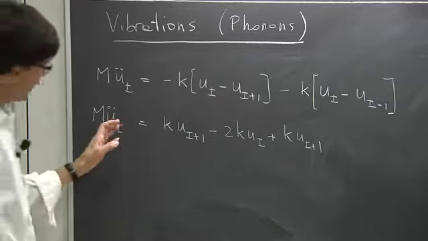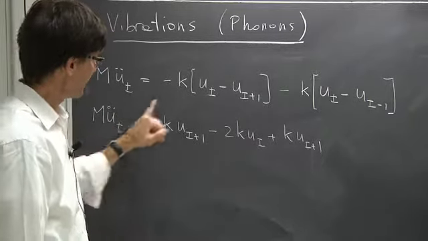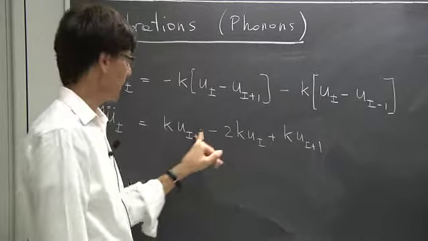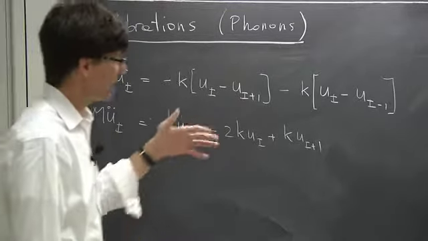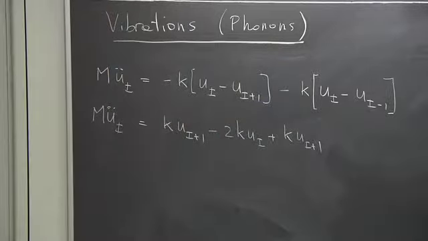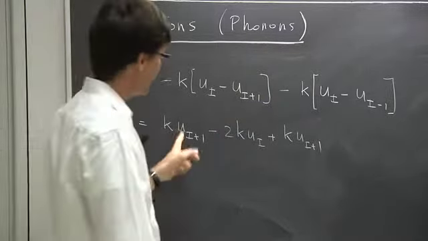So the dynamics of atom I is affected by where atom I is, obviously, but also where the nearest neighbors are. And in our model we are forgetting about second nearest neighbors and onward. But the important thing is that the dynamics of atom I is now correlated to the dynamics of atoms I minus 1 and I plus 1.